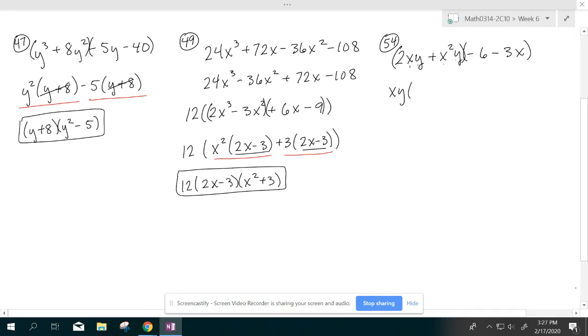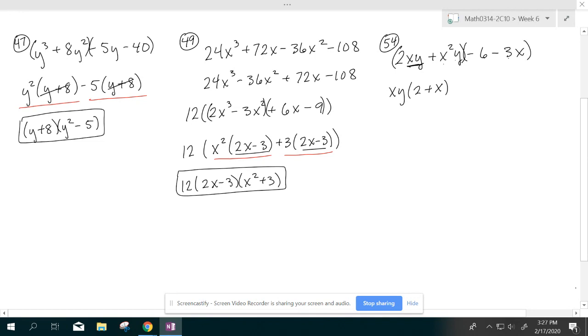So if I take the x and the y, that's going to leave me a 2. And x and a y, that's going to leave me an x. Do y'all see that? Hello, do you see that? If I take an x and a y, a 2 and an x.